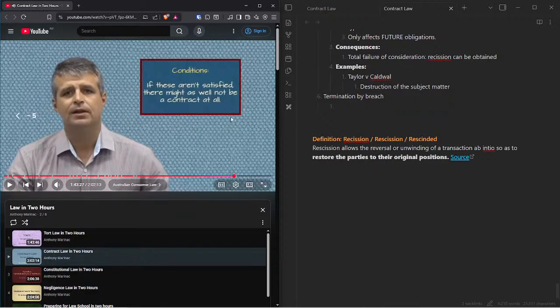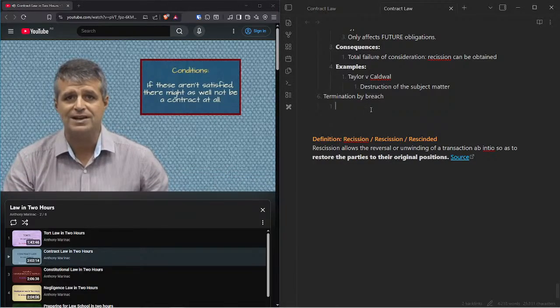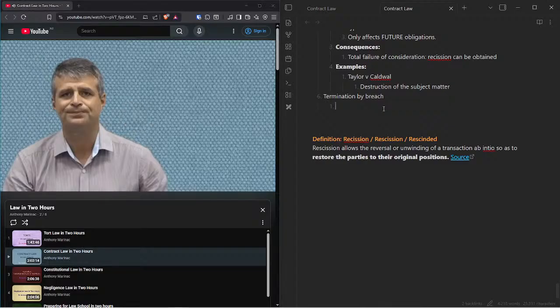Yeah, so conditions breached. If conditions breached, then the innocent party can end the contract.